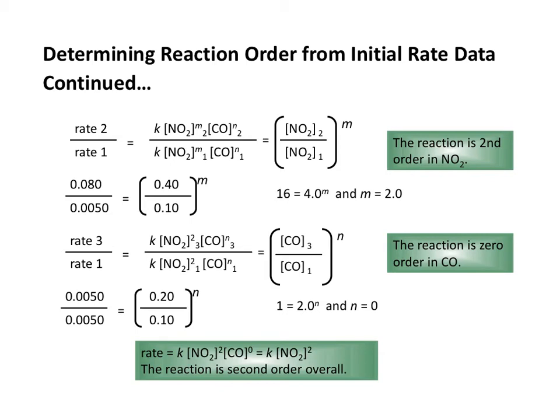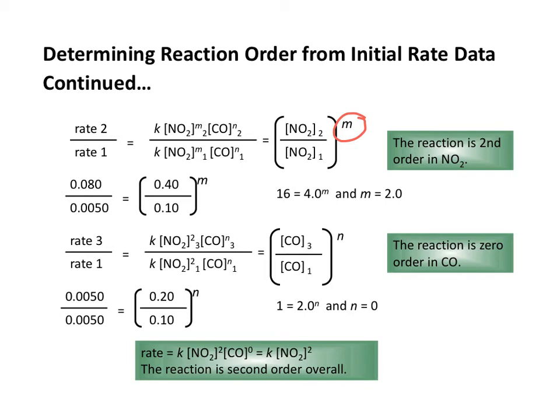But as you can see, in looking for the experiments to find the order with respect to the M value, which is the order with respect to NO2, we looked for where the NO2 was changing and the CO was constant.